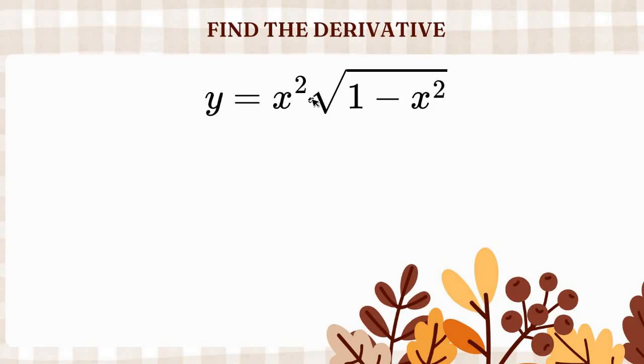So like I said, remember all of our other rules still apply. Which means that if I have a product rule, I still have to do a product rule. But notice I have a square root of stuff here. So what am I also going to have to use within my product rule? The chain rule. So now that we've learned all of our rules, we're going to have to use all of those things in combination with each other.